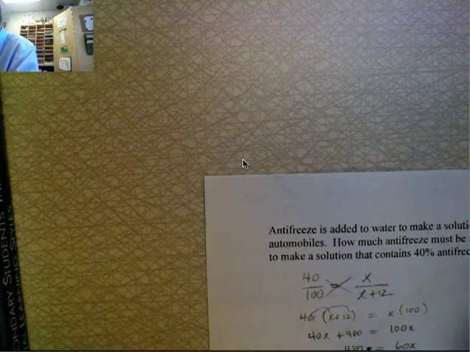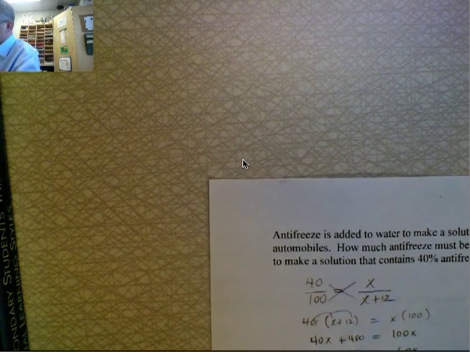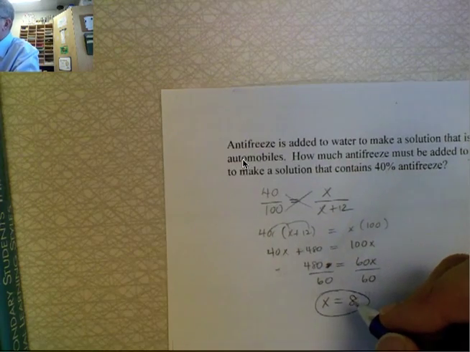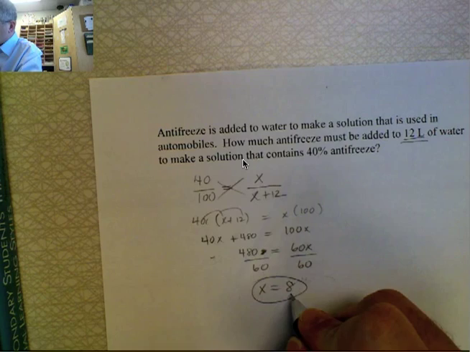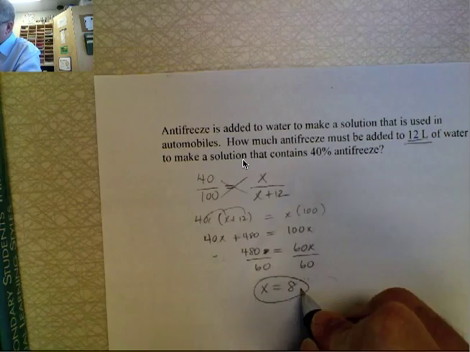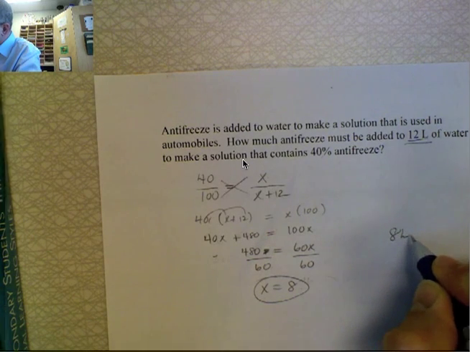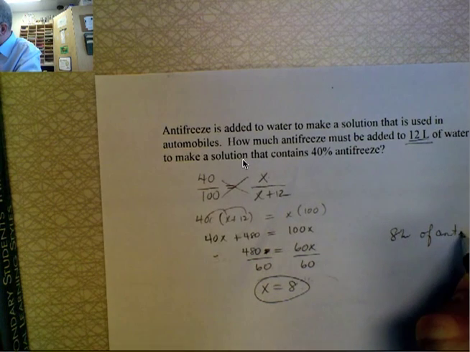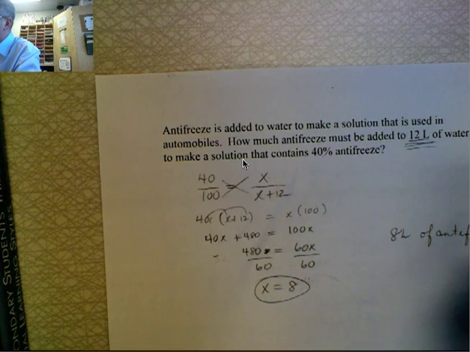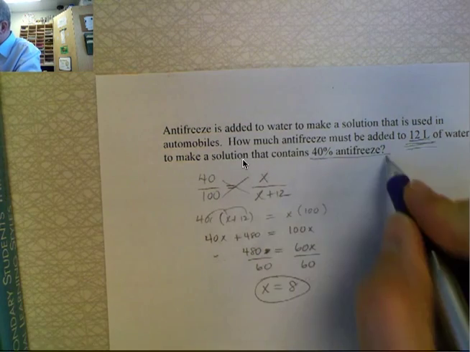That's better. X is the amount of antifreeze, and you can't have a negative quantity of antifreeze. So what this is telling us is the amount of antifreeze we need to add is 8 liters. Has to be added to the 12 liters of water to generate a solution of 40% antifreeze.